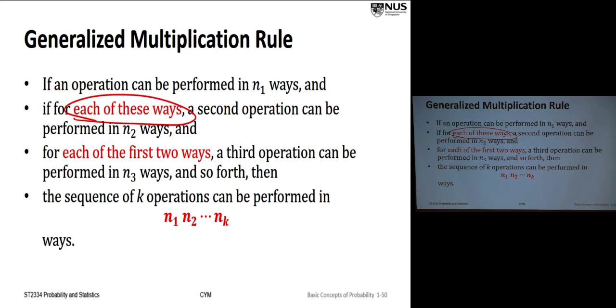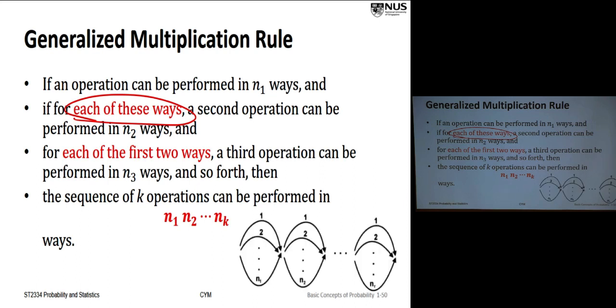Make sure that you know what the conditions are. The condition is that each of these operations must have the same number of ways for the following operations. So this is a picture to show the idea.